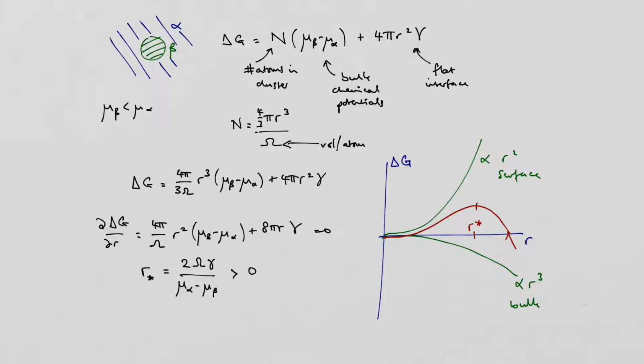I've turned the difference between the two chemical potentials around here. Here it was mu beta minus mu alpha. Here I put mu alpha minus mu beta because of my assumption over here. So everything in this expression is positive, so that the radius is a positive number.